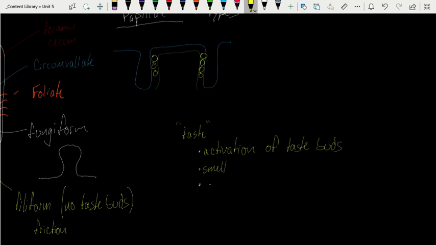We have to think about texture. Can't tell you how many times kids say, oh, I don't want to eat that because it just feels funny, or it makes my teeth squeak, right? All of these things go into how we interpret this rather abstract idea of taste. So activation of taste buds, smell, texture, pain is another one that is super important.